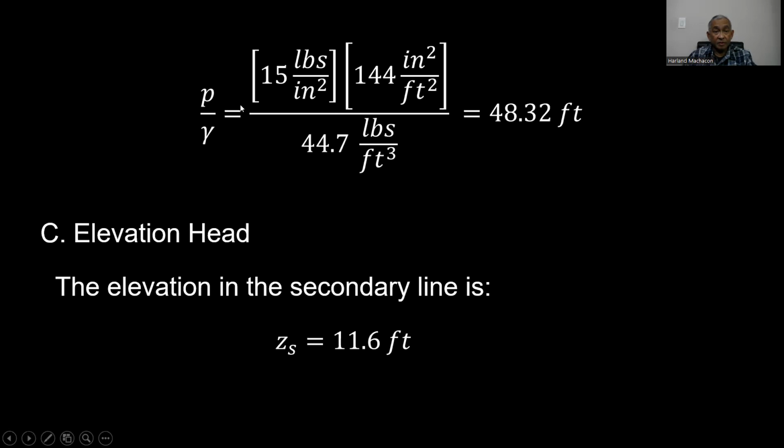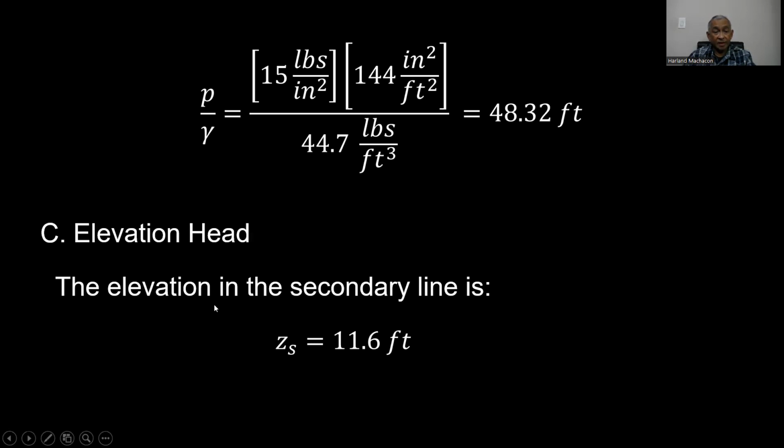So pressure head will be equal to 15 pounds per square inch times 144 square inch per square feet all over 44.7 pounds per cubic feet, and the result will be 48.32 feet pressure head.